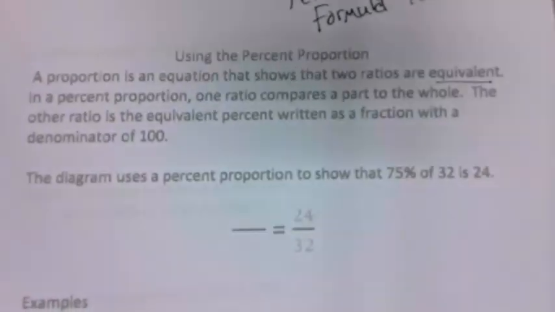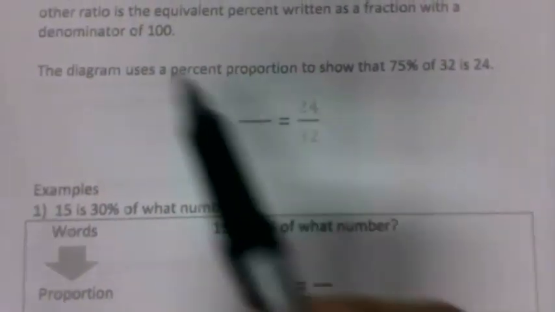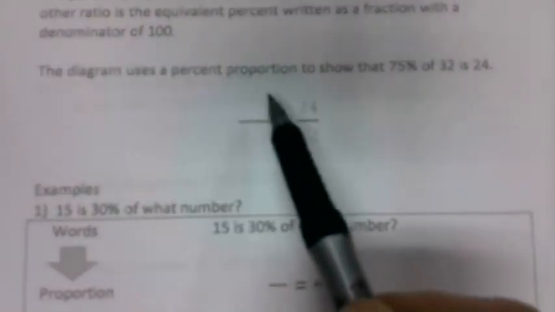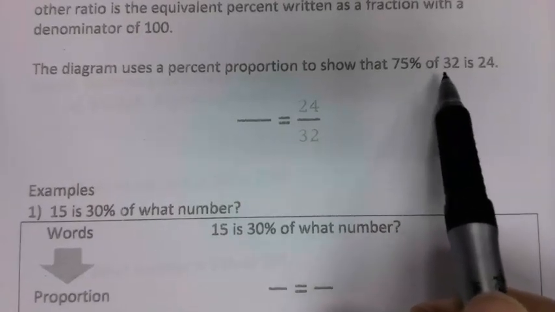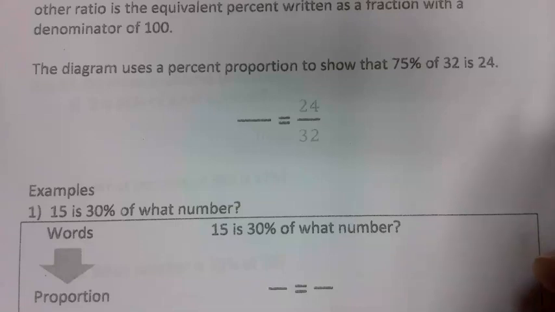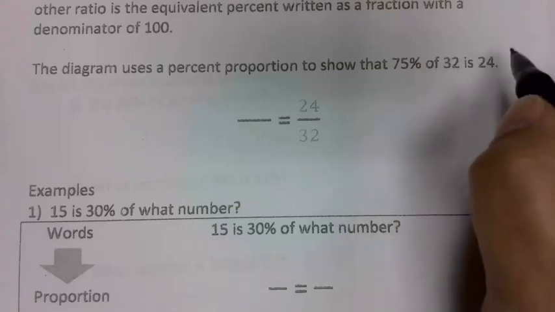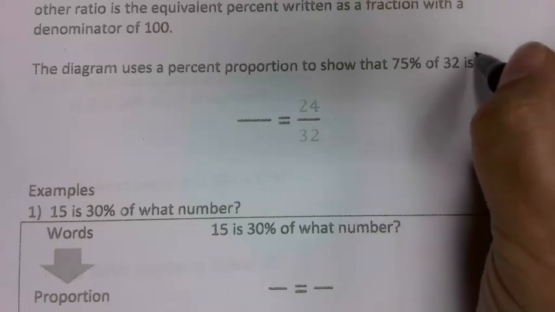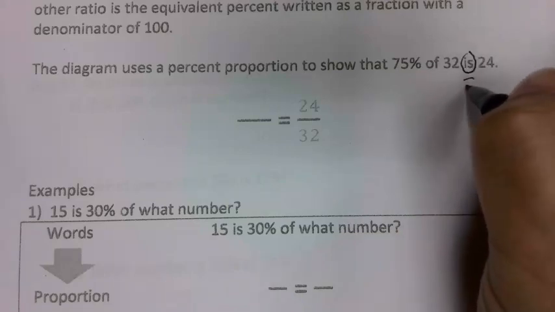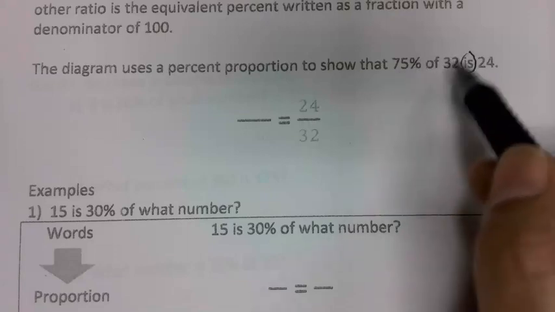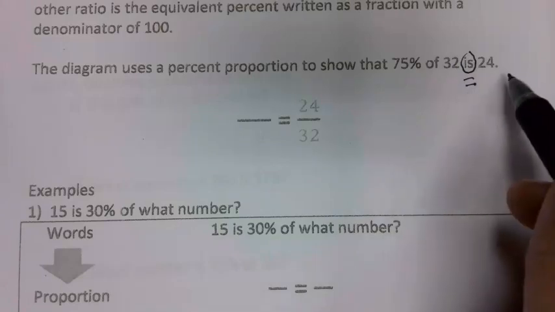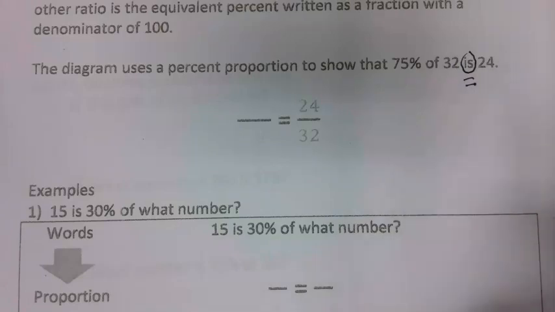So let's move on to this diagram. The diagram uses the percent proportion to show that 75% of 32 is 24. So when I see the word is, I know is means equal. 75% of 32, so when I'm finding that percent of a number, it should equal 24.